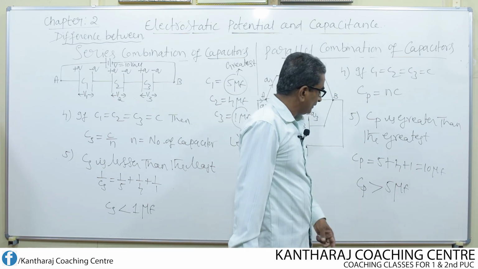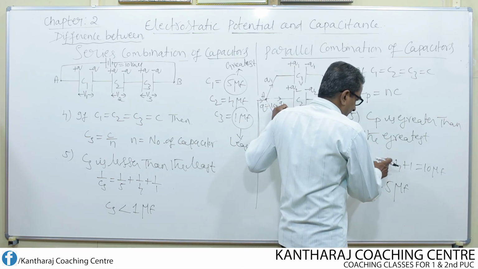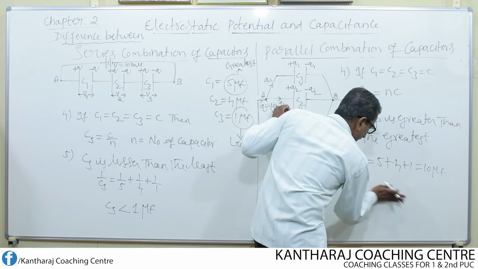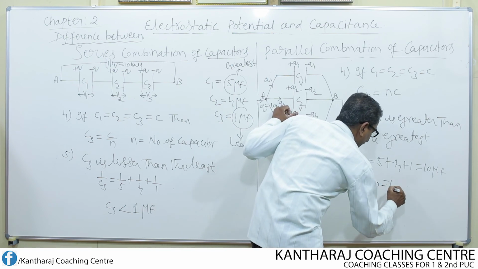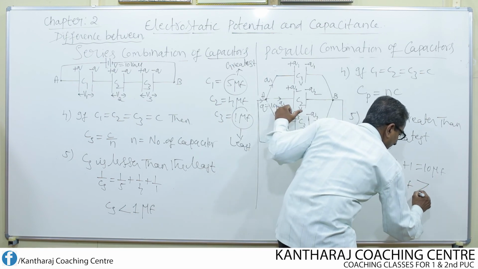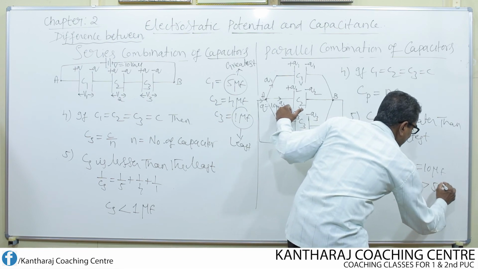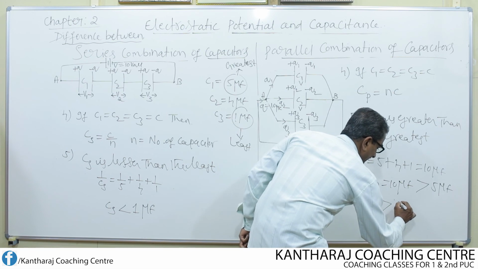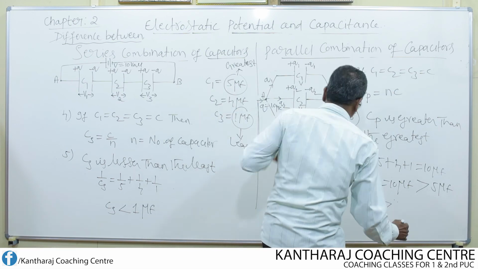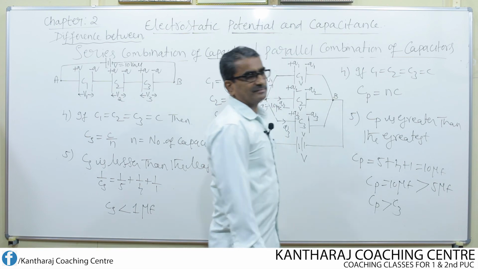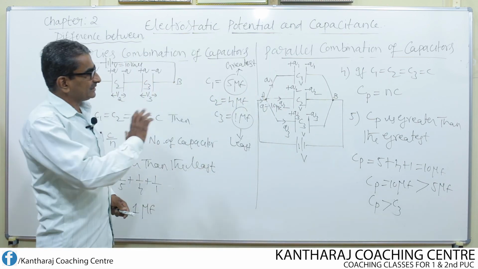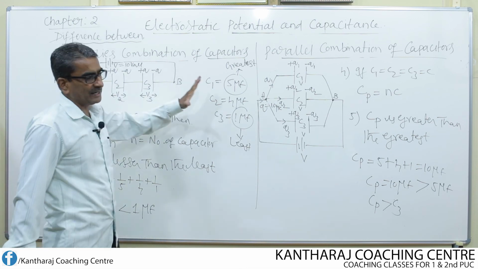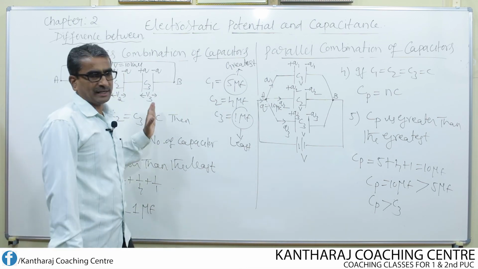That means we got Cp equal to 10 microfarad, which is greater than the greatest. Greatest is 5 microfarad. So, these are the differences between the series combination of capacitors and parallel combination of capacitors.